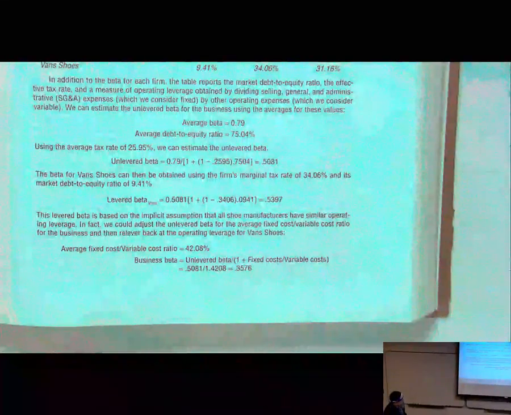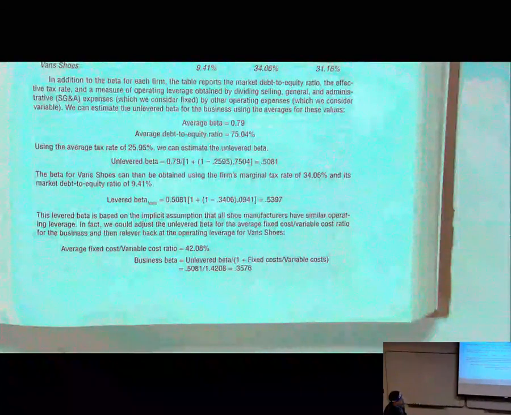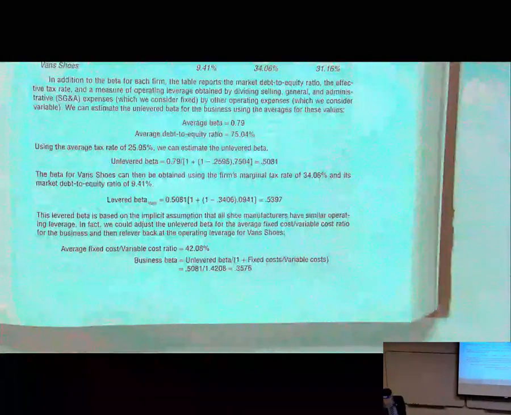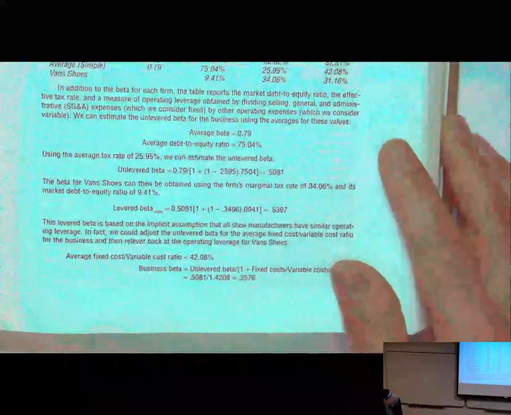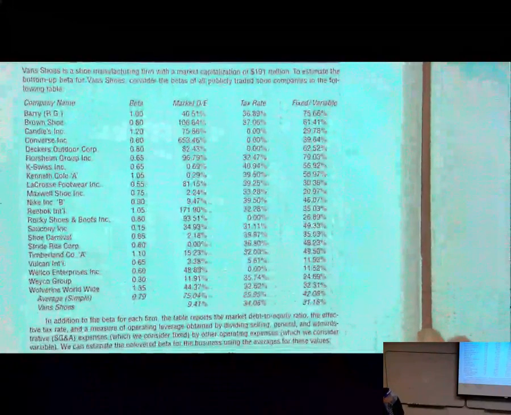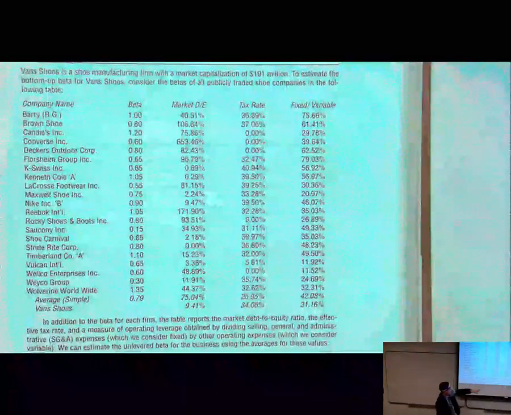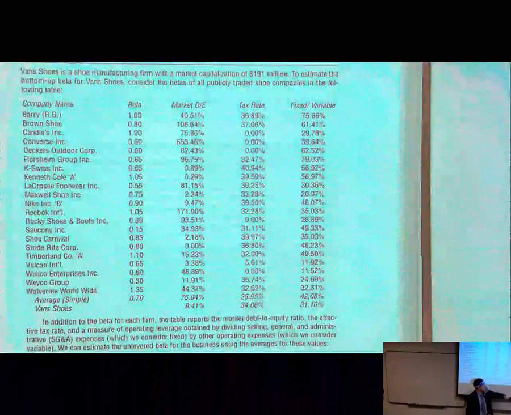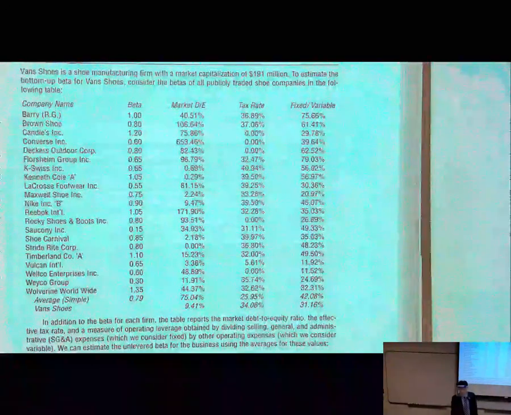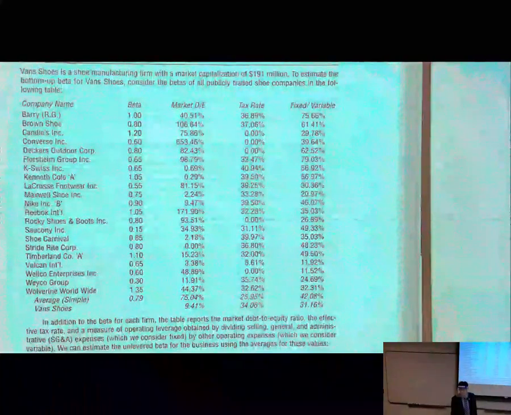So we need to consider business beta. And from the table, we see that the industry has an operating leverage of 42.8%. This is the industry average. Van Shoes is different. The ratio of fixed cost versus variable cost, 31.16%, is different.